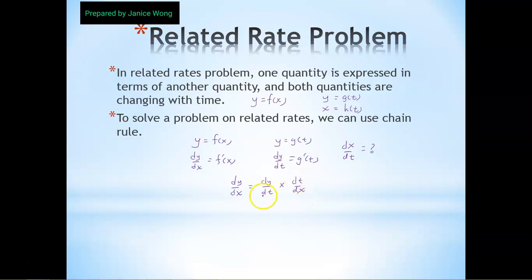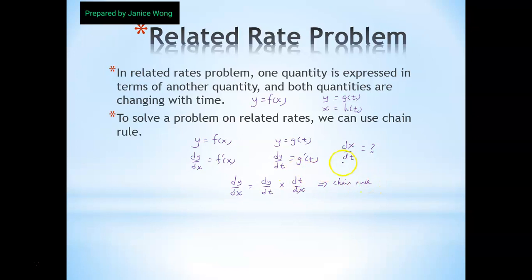In between, I put dt, because for a related rate problem, it must be related to time. So I put dt, the difference in time. Technically, dt and dt can be cancelled. So we actually get dy over dx, which is equivalent to the left-hand side, right? So this is the chain rule.